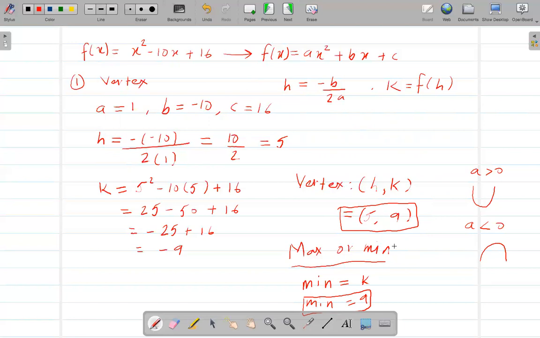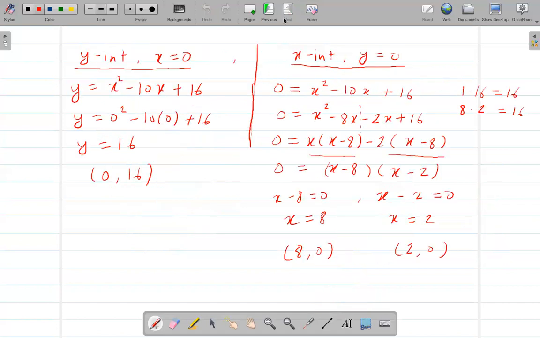So if we have a function of the form ax squared plus bx plus c, then we use this equation to find the vertex and everything here.